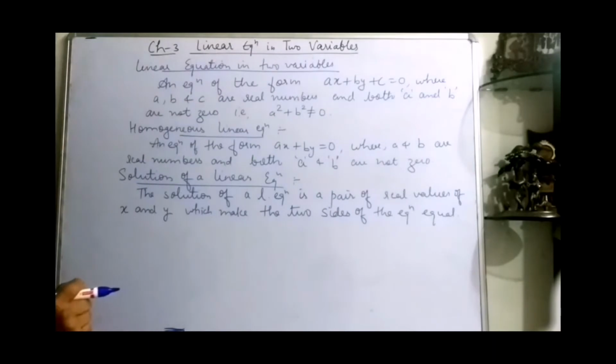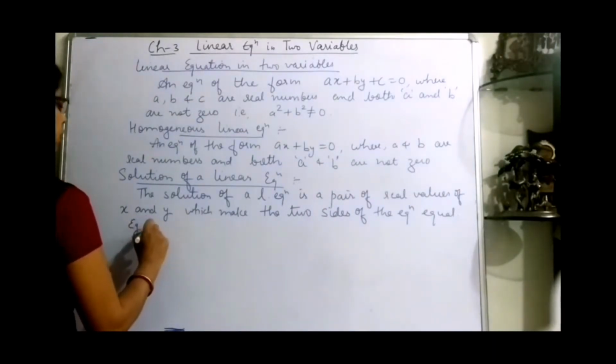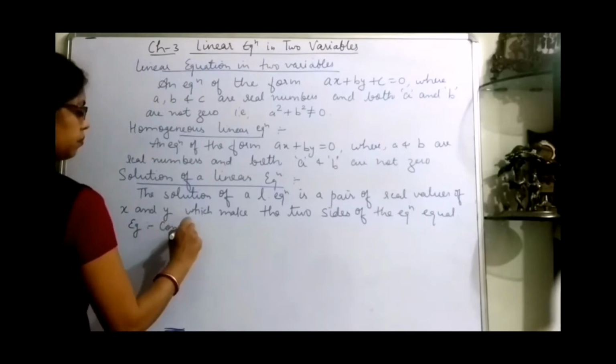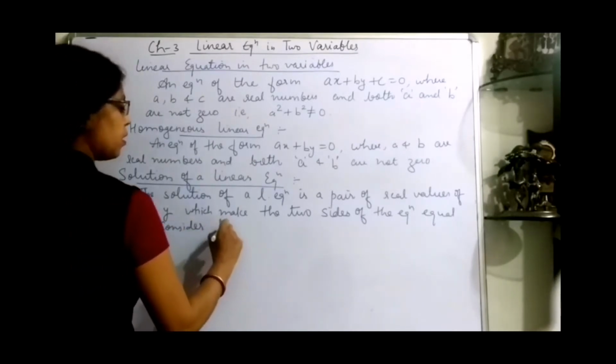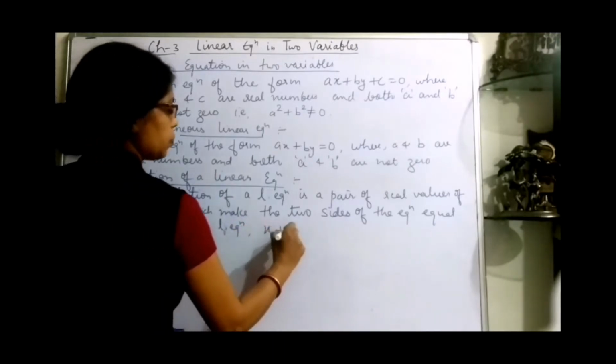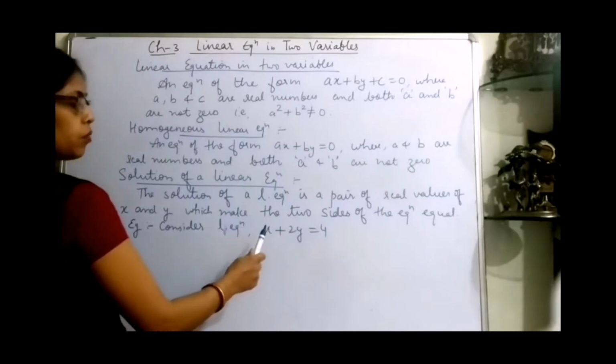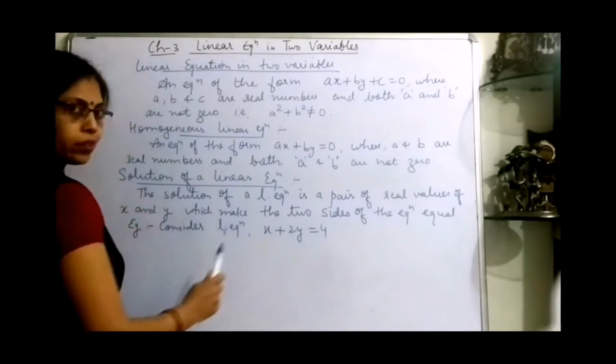Again I am explaining this by taking an example. Consider the linear equation x plus 2y is equal to 4. Okay. Now we have to put values for x and y.